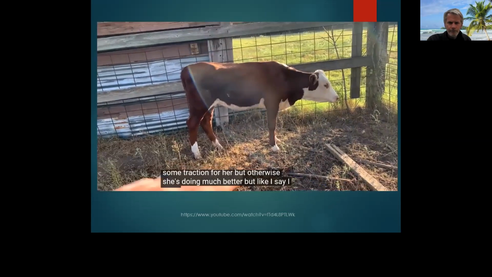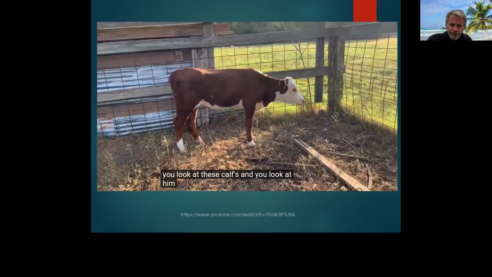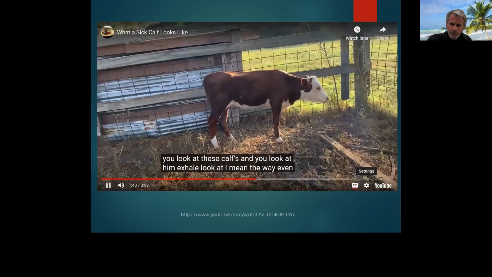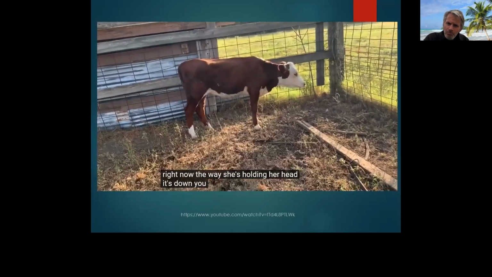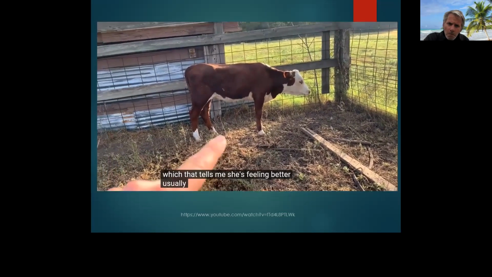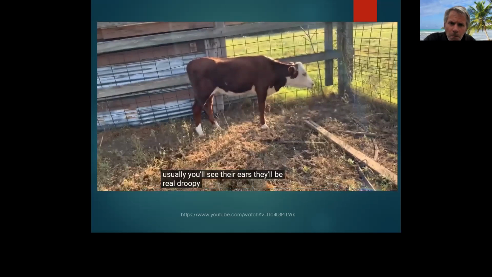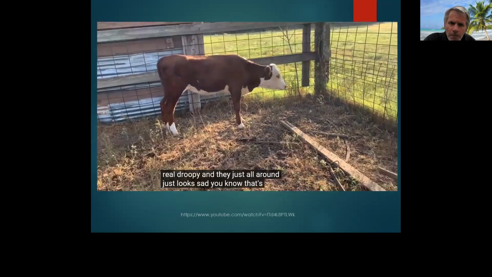But like I say, I want to do just a quick video. When you look at these calves, the way she's holding her head, it's down. Her ears are back, which tells me she's feeling better. Usually you'll see their ears be real droopy, and they just look sad all around. That's the best way to see it.